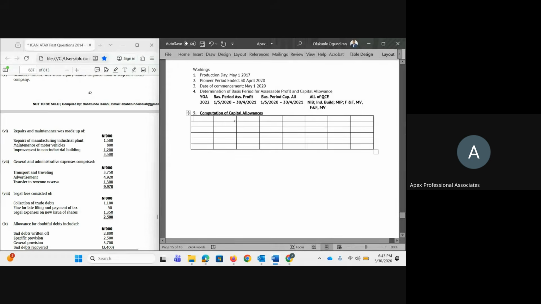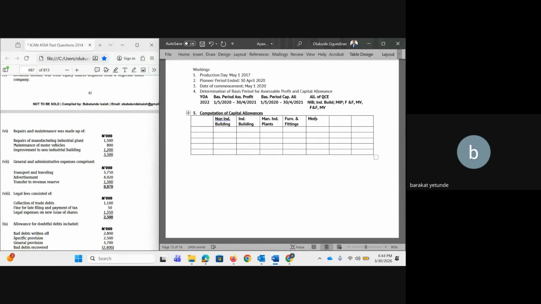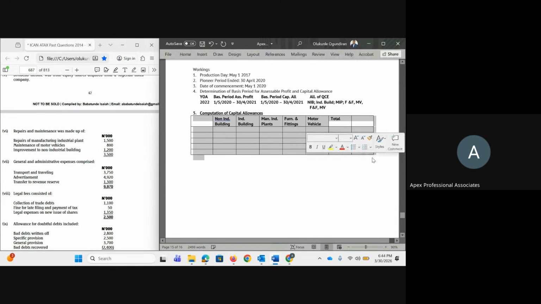I'm picking the assets by assets. So I'll say an industrial building, then manufacturing industrial plants, then furniture and fittings, then motor vehicle, then total, right? Because I'm not sure I have additional assets. That's all right.